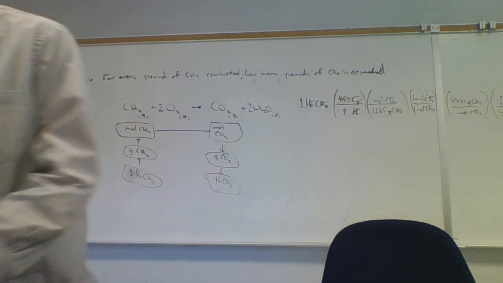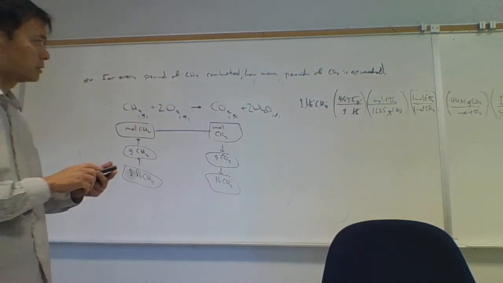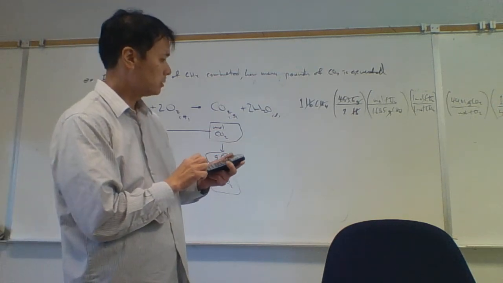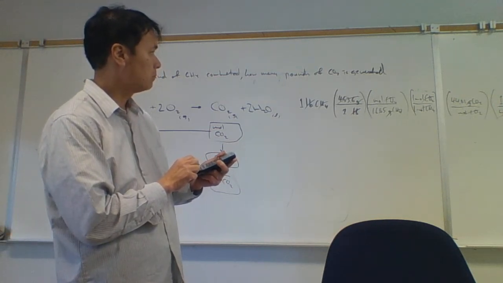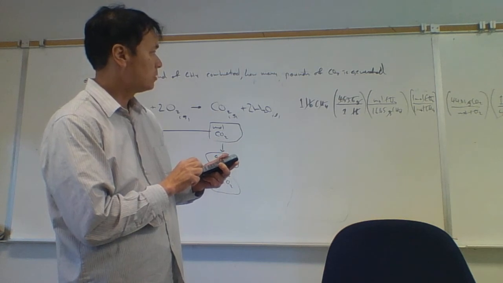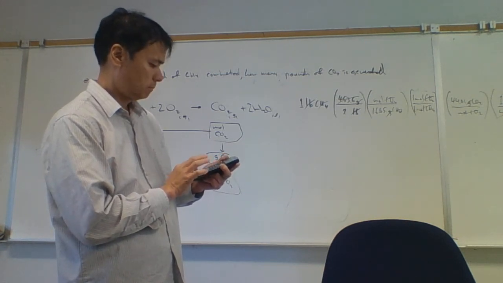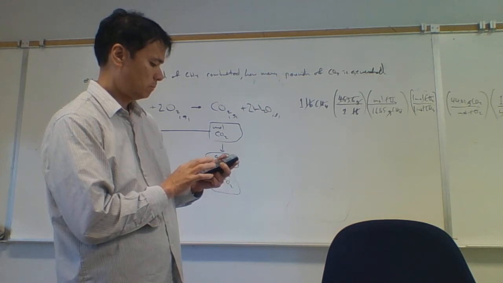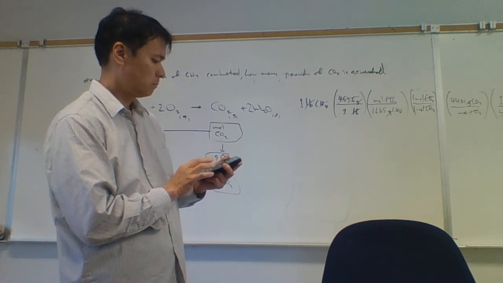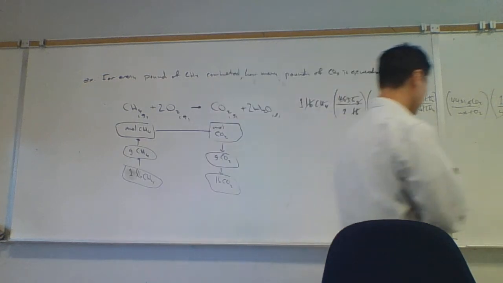And so let's go ahead and calculate that. It's just going to be 1 divided by 16.05 times 44.01. 2.7.